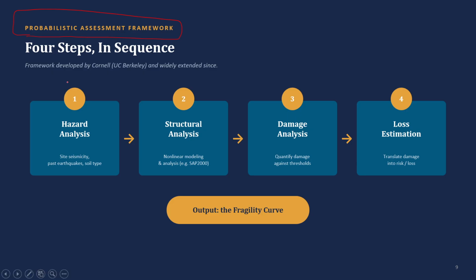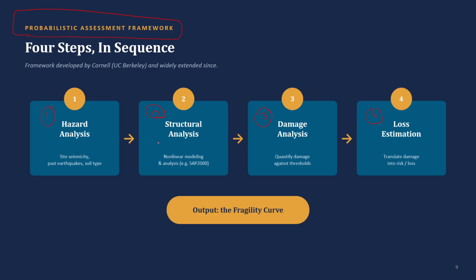There are basically four steps in the sequence. The first step is hazard analysis. The second step is structural analysis. The third step is damage analysis, and the fourth step is loss estimation. Here we are going to stop.